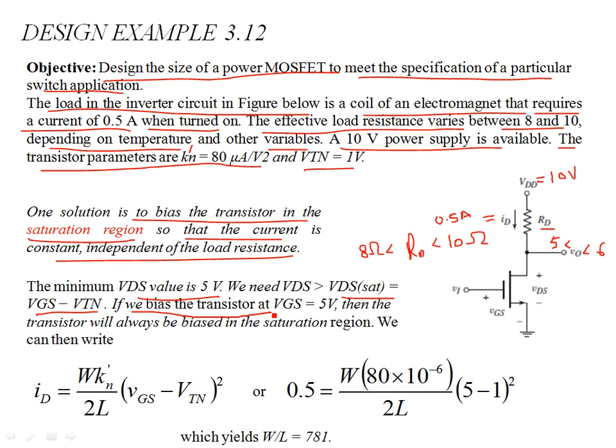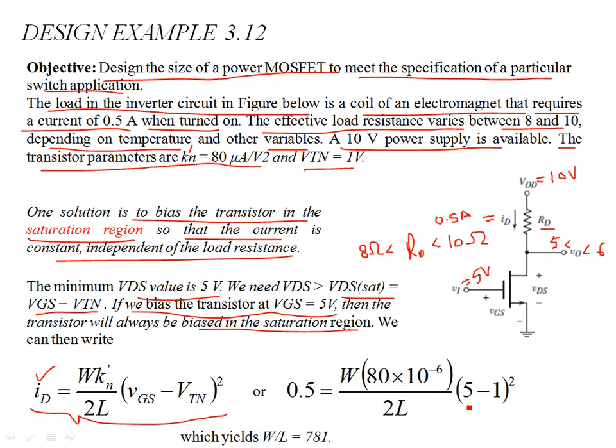So if you bias the transistor at VGS, or let's call this VI, as 5 volts, then VGS minus VTN is 4 volts. So the transistor is always biased in the saturation region. So next you can use the IV characteristics for a saturation region to find out what the current is. Okay.